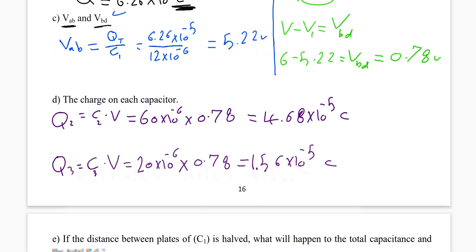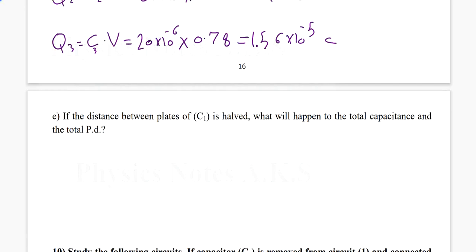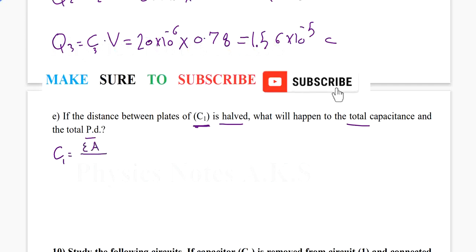Let me check. Do I have anything? Oh, yes, we have. Now they say if the distance between the plates of C1 is halved, what will happen to the total capacitance and the total potential difference? Okay. Now, let me first write the formula. C1 is actually epsilon A over D1. Okay, this is before the change.